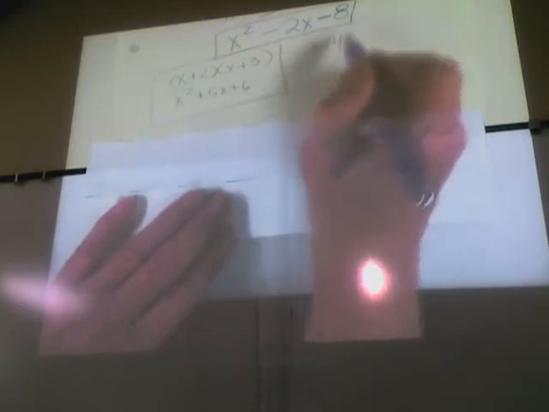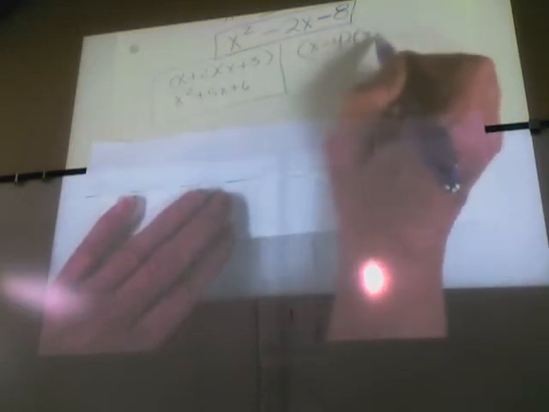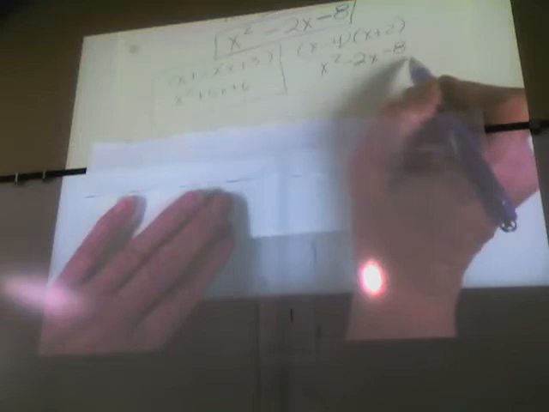Okay, when you are factoring, when we had x plus 2 and x plus 3, we ended up with x squared plus 5x plus 6, right? And then when we had x minus 4 and x plus 2, you ended up with x squared minus 2x minus 8. Okay.